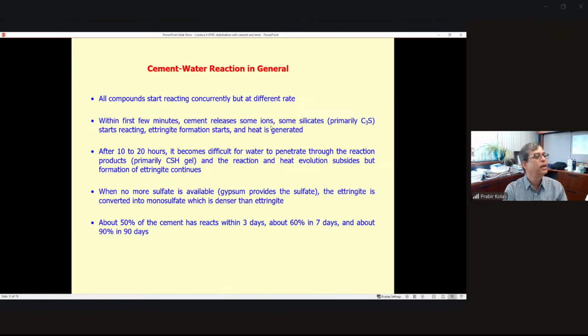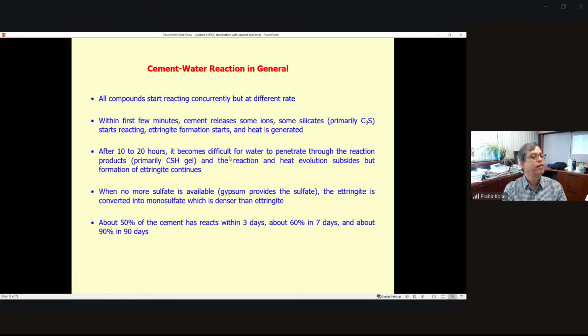All components start reacting concurrently at different rates. As I mentioned over here, tricalcium silicate and dicalcium silicate are the two things that react first. Within the first few minutes, cement releases some ions and some silicates, primarily because tricalcium silicate starts reacting. Ettringite formation, this is where the mineral formation starts, and heat is generated.